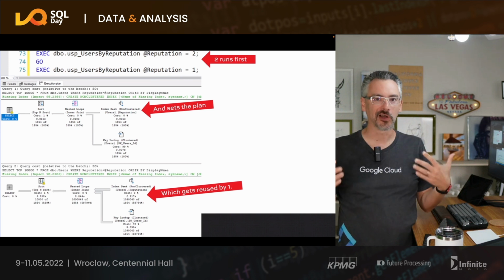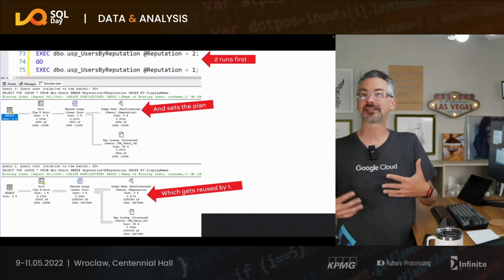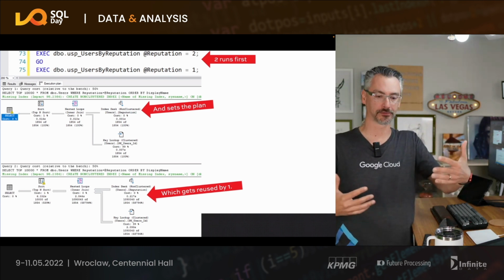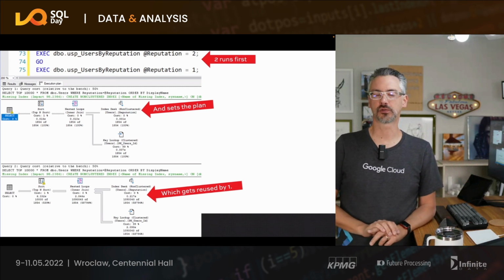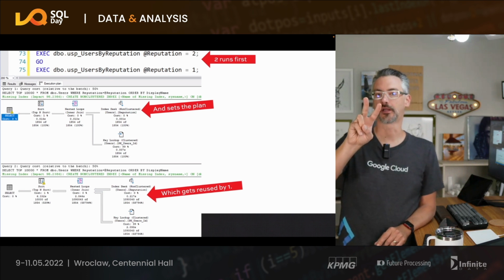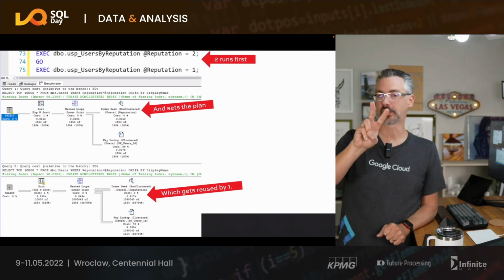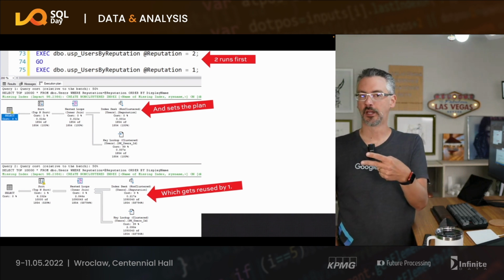I didn't say run. Sometimes it kind of limps and drags its legs, works a little bit slowly, but it has to at least execute for everyone else. So the first time that the query runs, it gets an execution plan designed for reputation equals 2. The second time that it runs, it also gets the plan that's optimized for reputation equals 2.